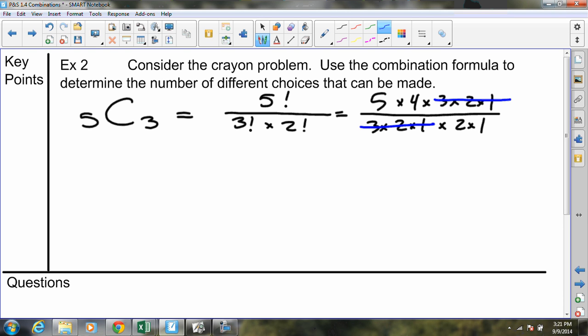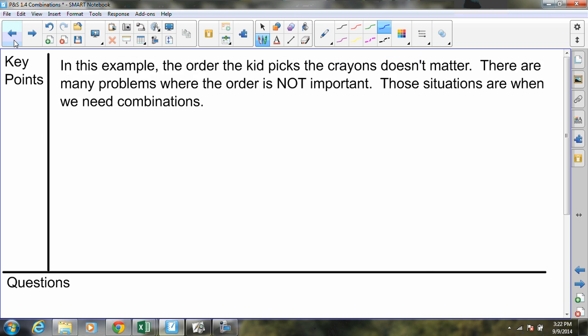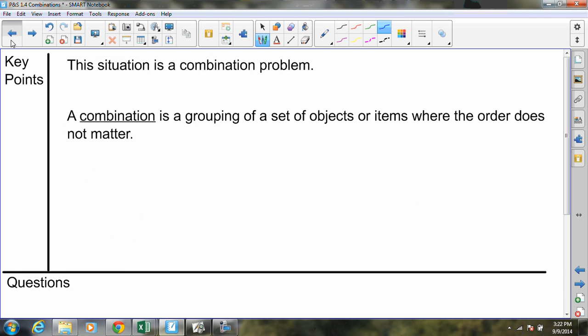Well, in the numerator, 5 times 4 is 20. In the denominator, 2 times 1 is 2. So 20 divided by 2 is 10. There are 10 different combinations that we could have had, which tells us back at the beginning, we're missing one.